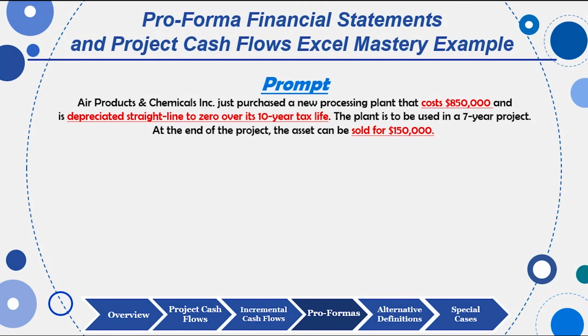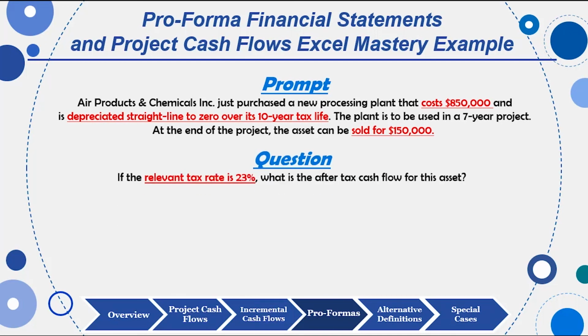Air Products, a company I used to work for back in the day, has purchased a major processing plant. My plant used to be in Paulsboro, New Jersey, and Paducah, Kentucky at the time, in the catalyst division where I worked, costing $150,000 and depreciated straight line to zero over 10 years. The plant will be used in a 7-year project, and at the end of the project, we can sell it for some salvage value.